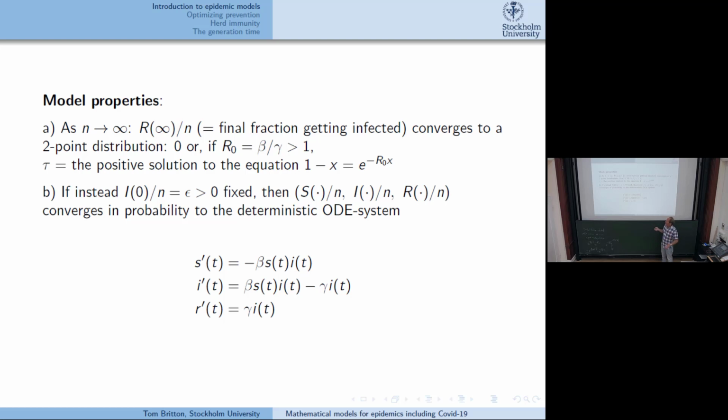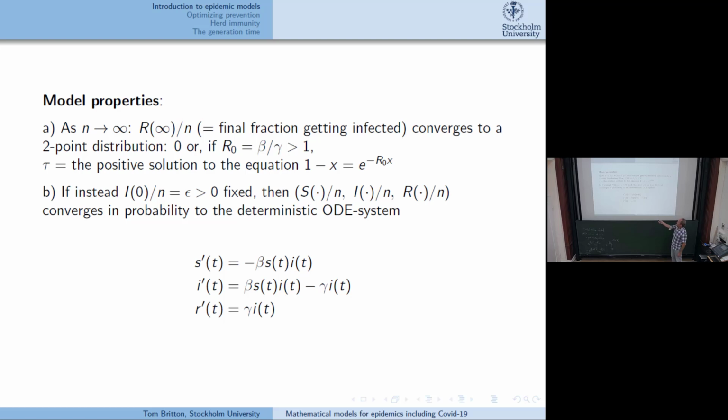But if you want to cheat a little bit, you can say, okay, let me start with a positive but small fraction infected, and then you can approximate the whole epidemic process with the deterministic process, except at the very end of the epidemic, that you cannot approximate, but then very few people get infected, so on a population level, it doesn't matter for determining how many get infected.